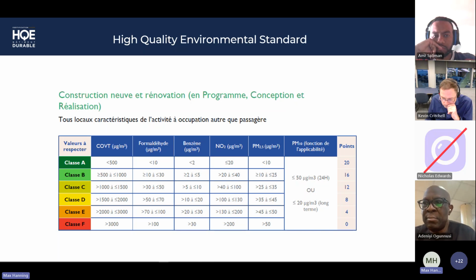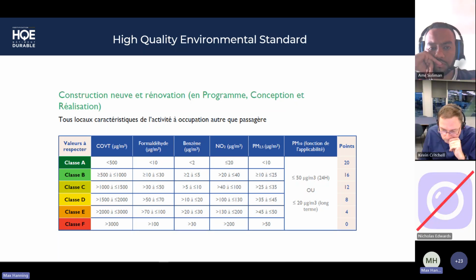However, the advantage of this certification is if we perform an indoor air quality simulation and measure our results for the required pollutants, then we get the points directly. We don't have to measure indoor air quality when the building is finished, unlike with BREEAM and LEED, making the simulation even more valuable to us.